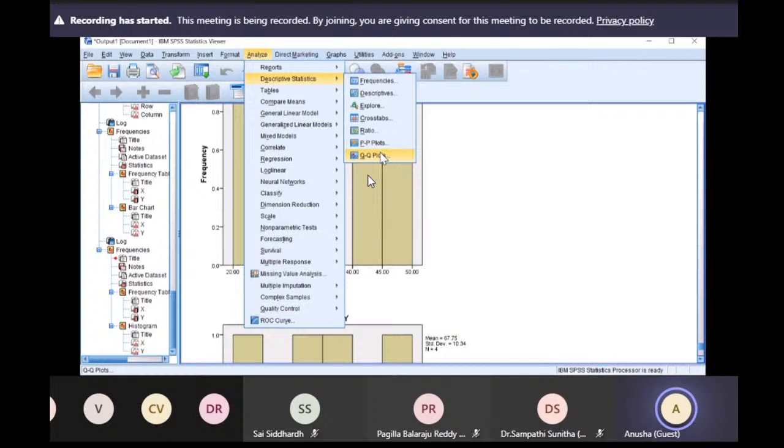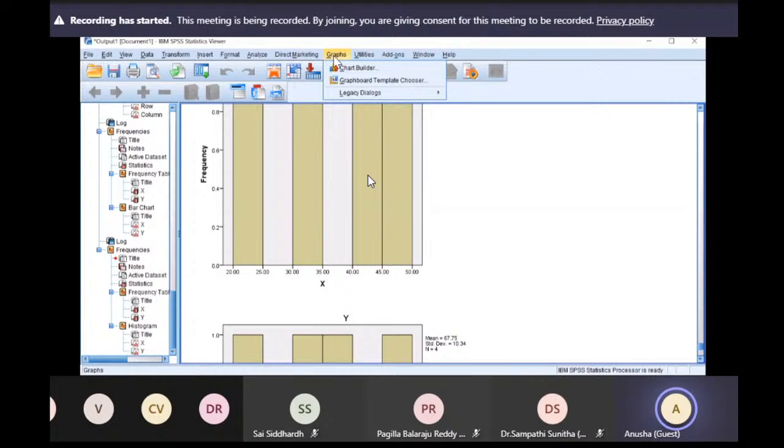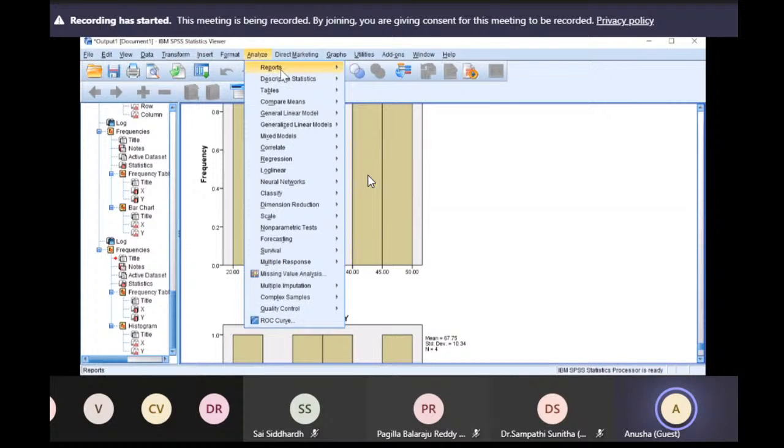QQ plots. Yeah. Okay. The tables compare means and data diagrams are there? No, sir. Not there. Okay. Descriptives. The descriptives.